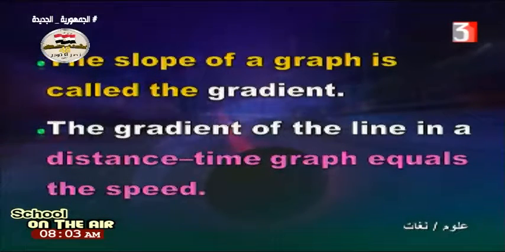The gradient of the line in a distance-time graph: distance is written on the y-axis and time on the x-axis. So the gradient of the distance-time graph equals the speed.